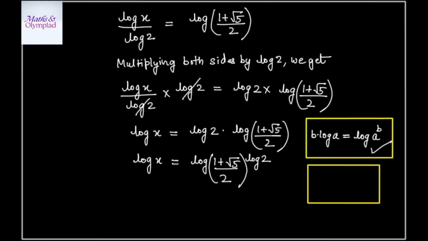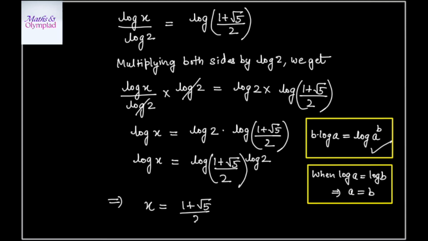Now when log a is equal to log b, we can simply imply that a equal to b. So this implies x equal to 1 plus root 5 over 2 whole raised to the power log 2, and this is our final answer. So we have only one solution for x, which is equal to 1 plus root 5 over 2 whole raised to the power log 2.